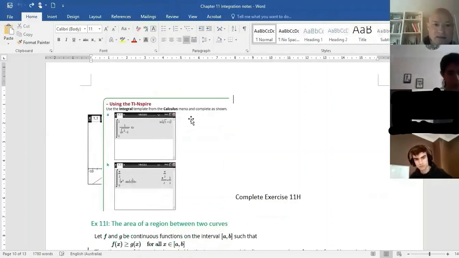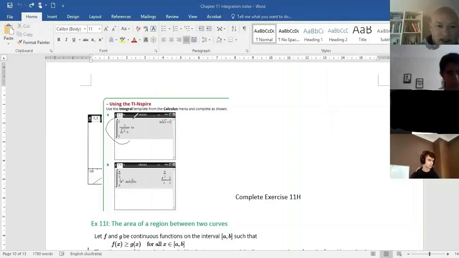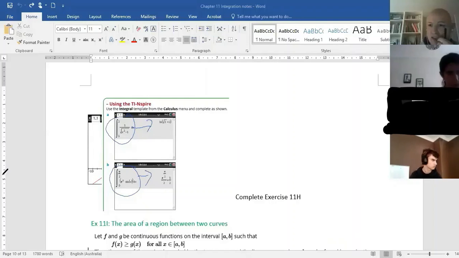And when you press enter, it will give you the answer. Same thing here, just type it in exactly as it is, press enter, and it will give you the answer. That one should be pretty easy for you.